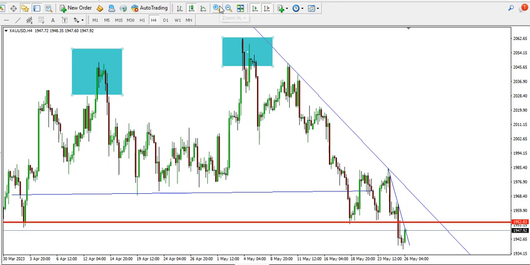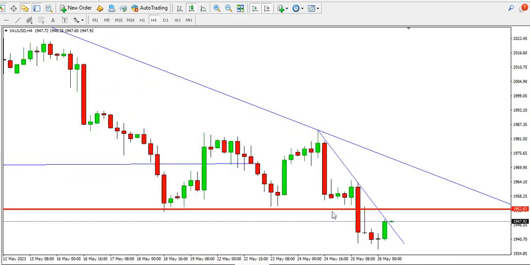Okay, so the price of gold on the 4-hour time frame has broken the structure around here, and price is trying to retest that structural level for price to continue its downtrend.